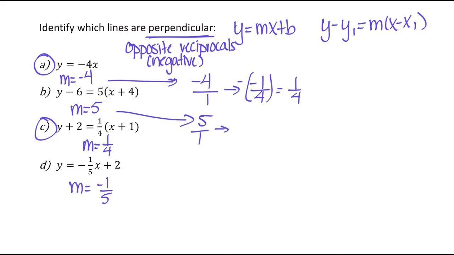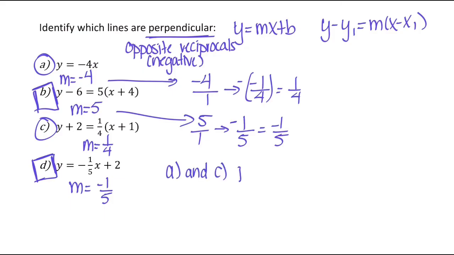If I make it a reciprocal, it's going to be 1 over 5. And then I make it negative, so I get negative 1 over 5. So m equals 5 and negative 1 over 5 means that B and D are perpendicular. Okay, so we have A and C are perpendicular, and B and D are perpendicular.